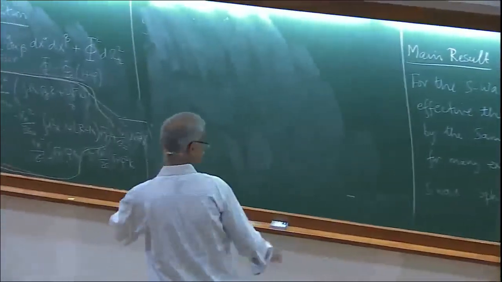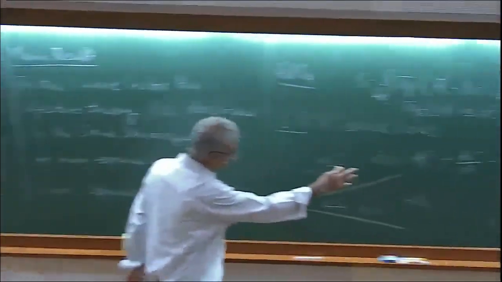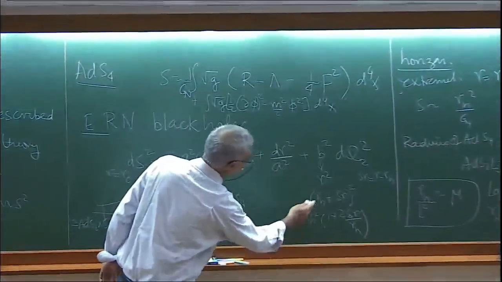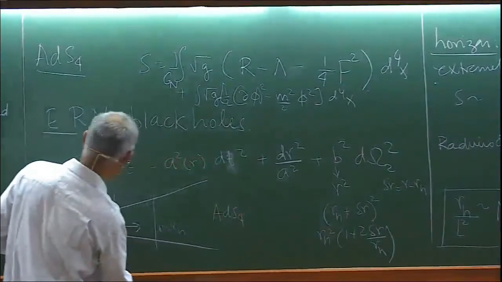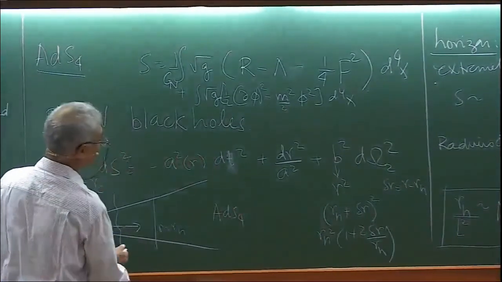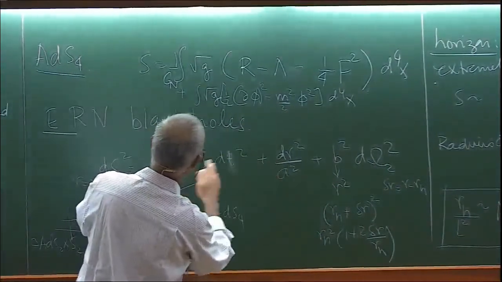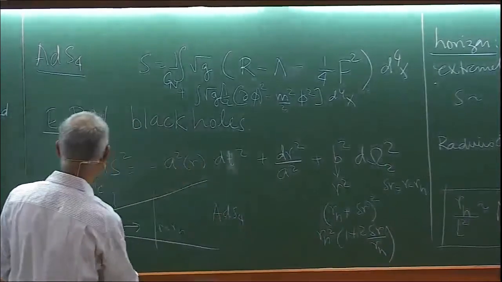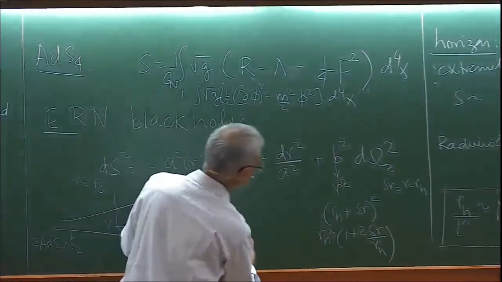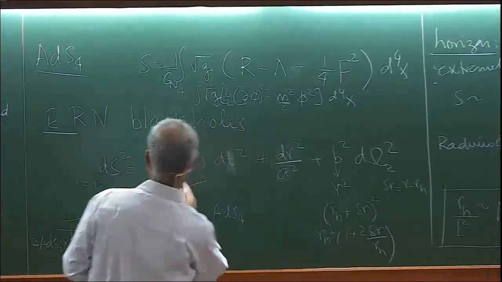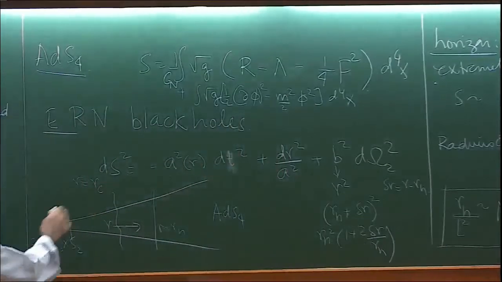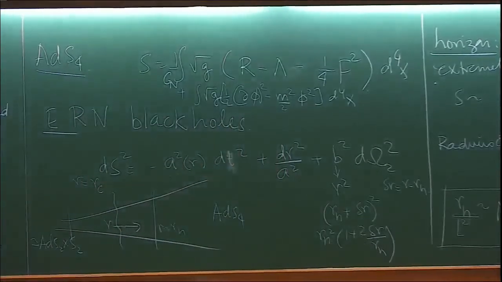Now, besides the radius of the S2 departing from its value at the horizon, the geometry in the near horizon region will also depart from AdS2, and those departures are of the same order. So if I were to write down A squared in the near horizon region, it would go something like (R minus R_H) squared over L2 squared.